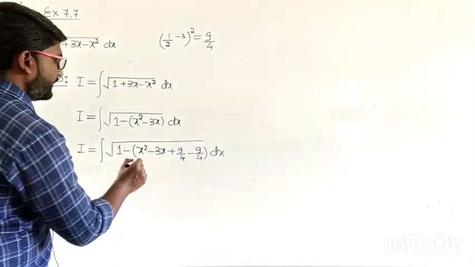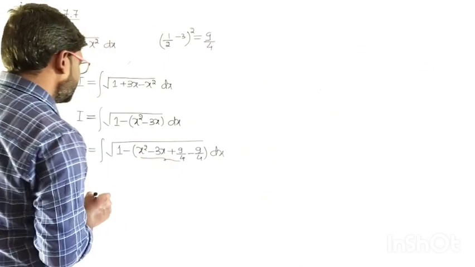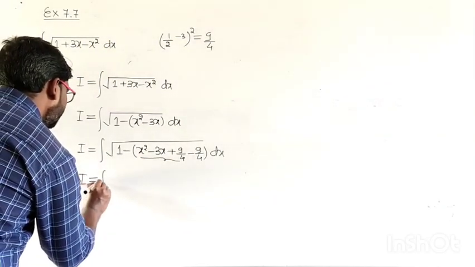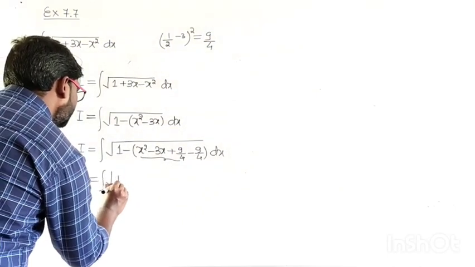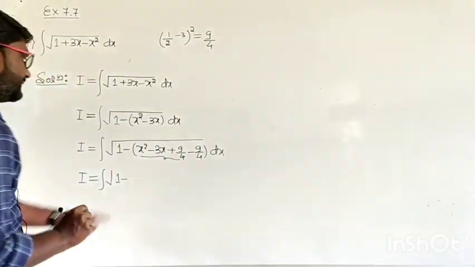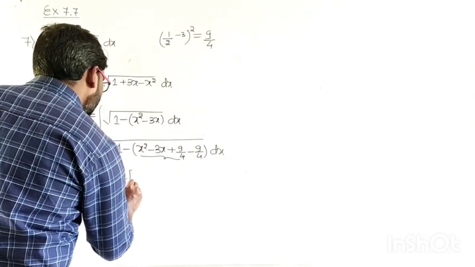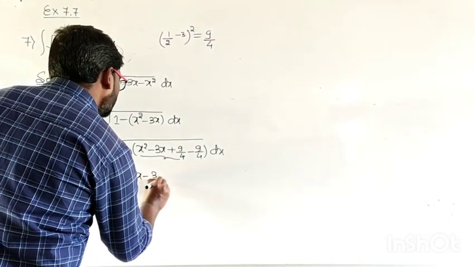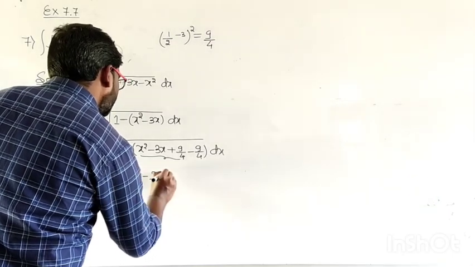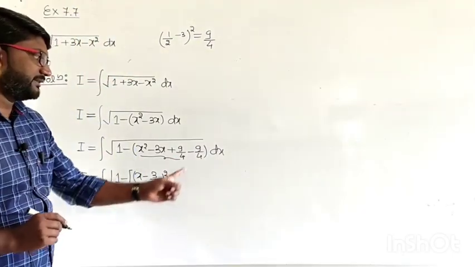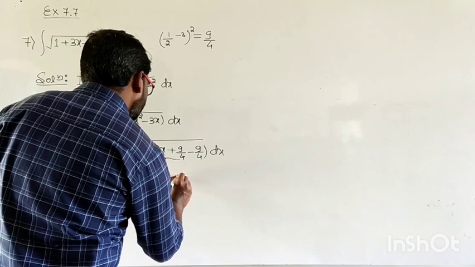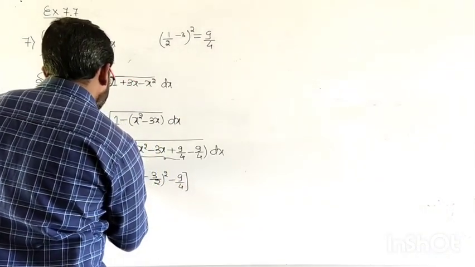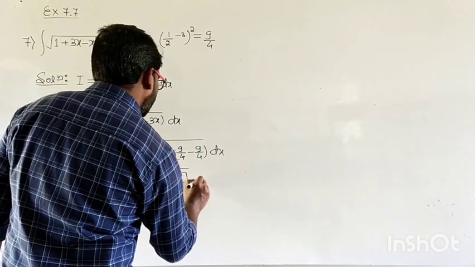Now these terms can be written as I is equal to the square root of 1 minus, x minus 3 by 2 the whole square, then minus 9 by 4, then complete the square root, dx.